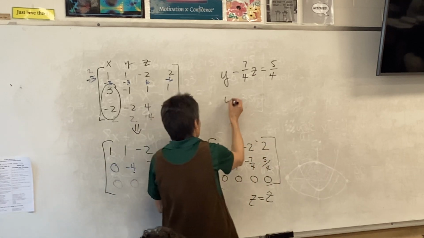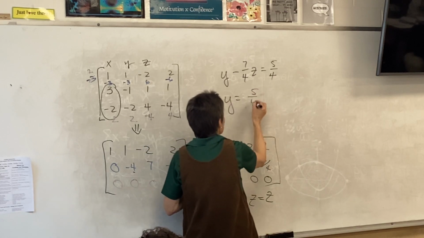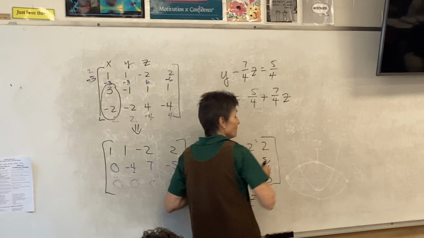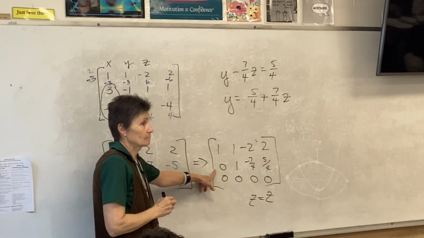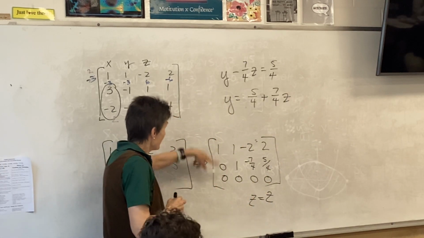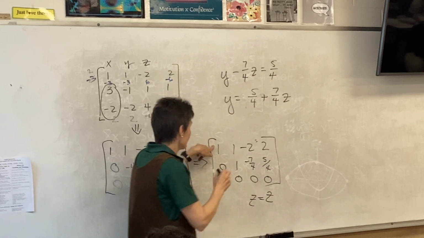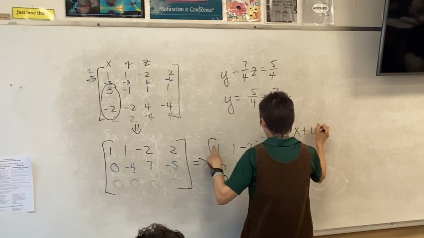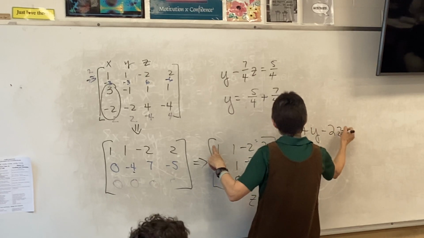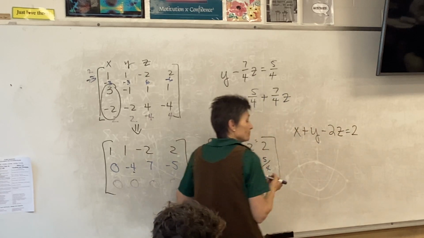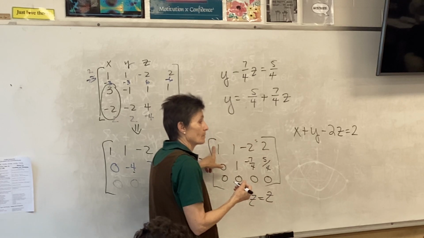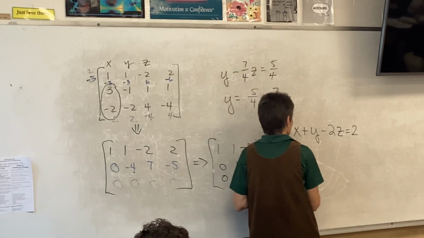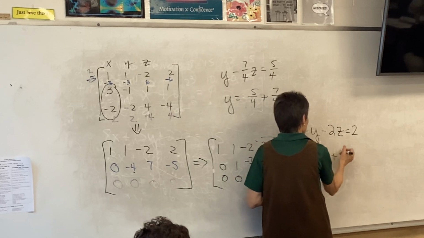So what's y? 5 fourths plus 7 fourths z. And then top row says what it said from the beginning. x plus y minus 2z equals 2. So x equals 2 minus y plus 2z.